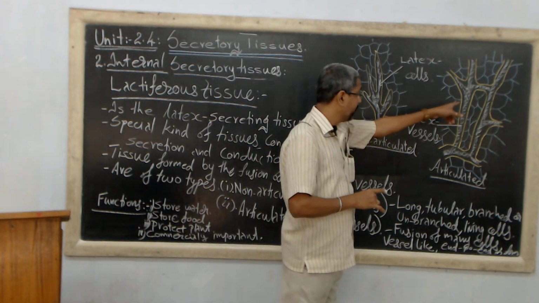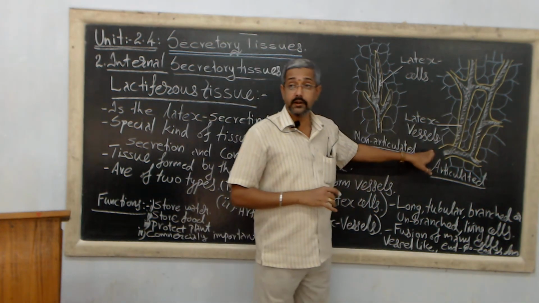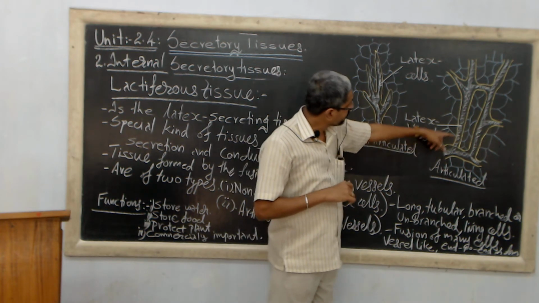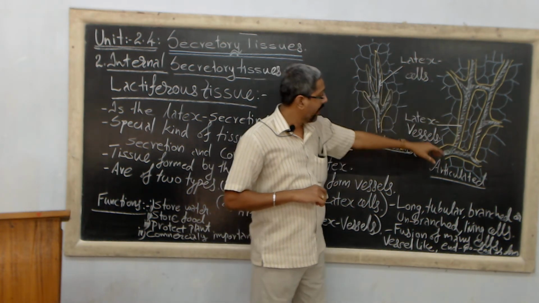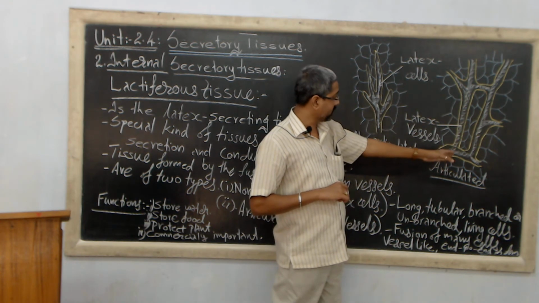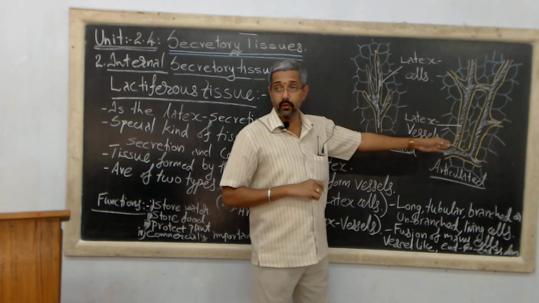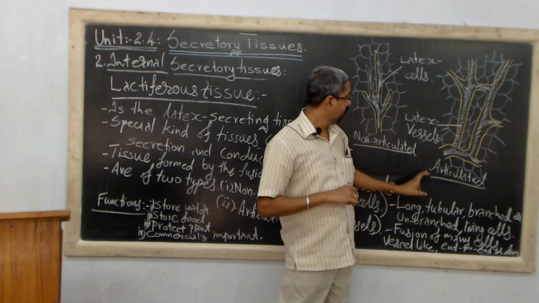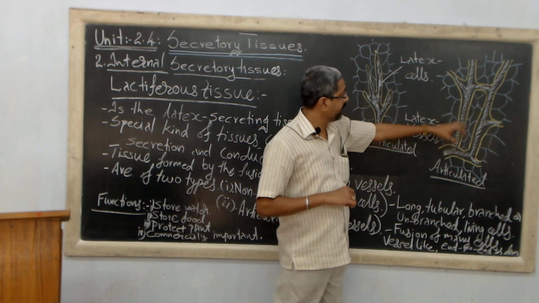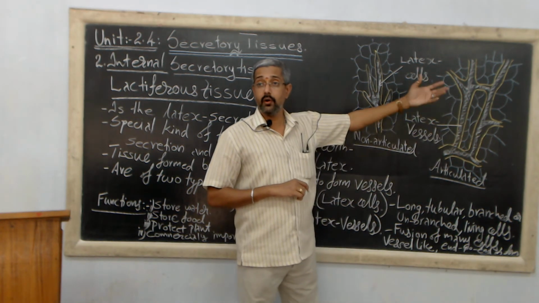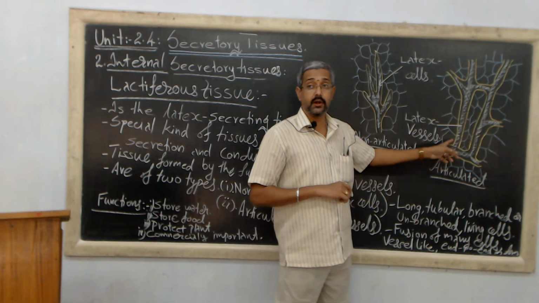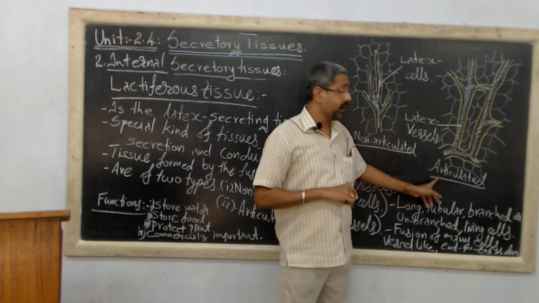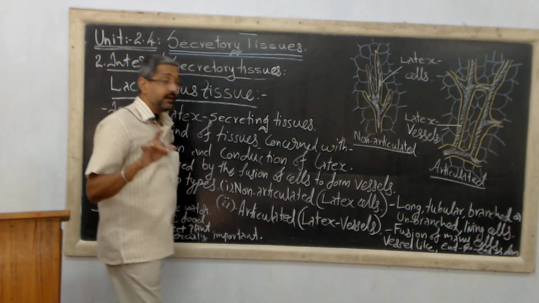And in latex vessels, as we can see in the diagram, it is a branched tubular structure which contains latex, or the milky fluid, and is formed by the end-to-end connection of many cells to form such latex vessels. This is called articulated laticiferous tissue.